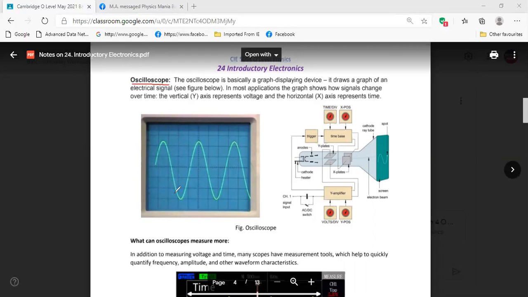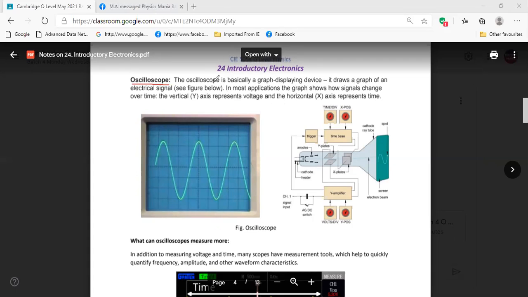This is only one example, but we can use this oscilloscope for many other purposes and many other signals. In our physics lab in university also we did the experiment with sound wave connected to an oscilloscope.